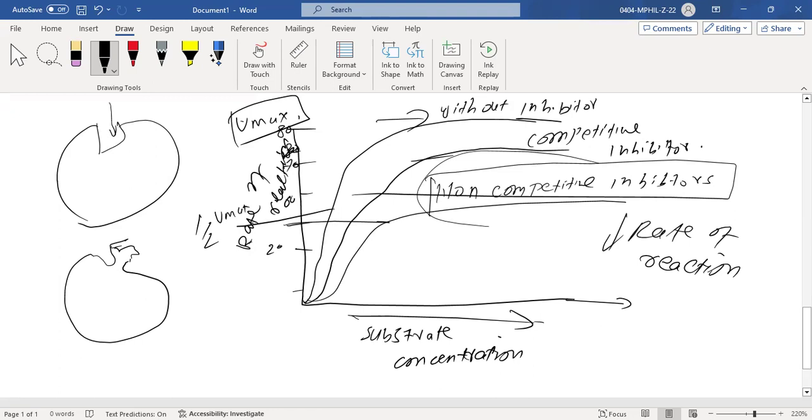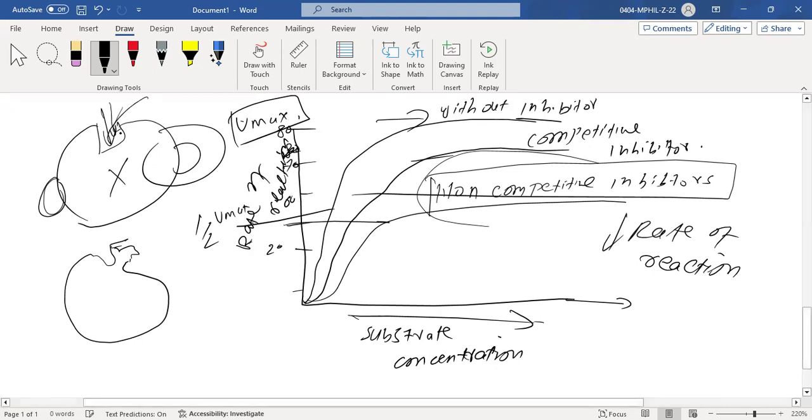But if that inhibitor is binding here, remember, by binding here on the globular part of this enzyme, it will also affect its shape. Its shape will be changed. Once the shape of the enzyme changes, this active site will not be able to bind a specific substrate. So if you have more non-competitive inhibitors in a chemical reaction, the rate of reaction will further decline.